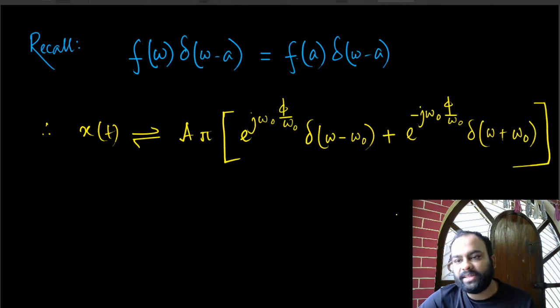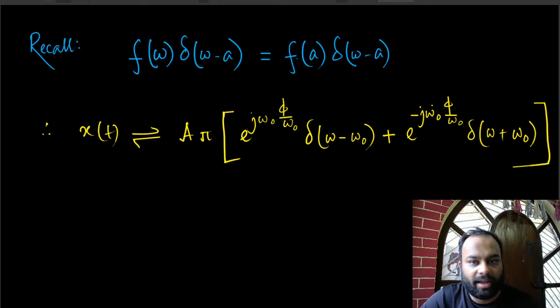Please somebody tell me if this calculation is understood. We had an omega here, we also had an omega here, but because of this multiplication with the Dirac delta or unit impulse, I applied this property of unit impulse, right? So here in this case, a was just minus omega naught. I just put minus omega naught in this place. If this is understood or not, please let me know.